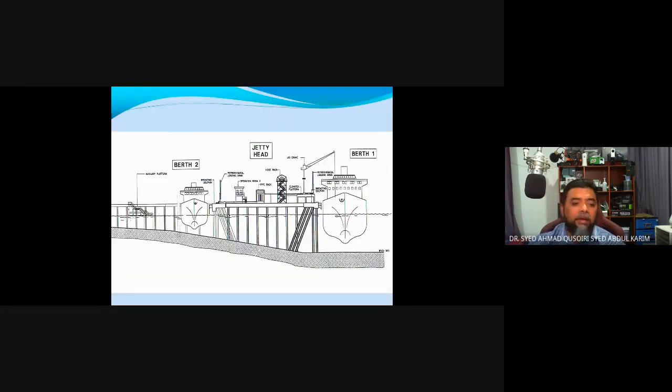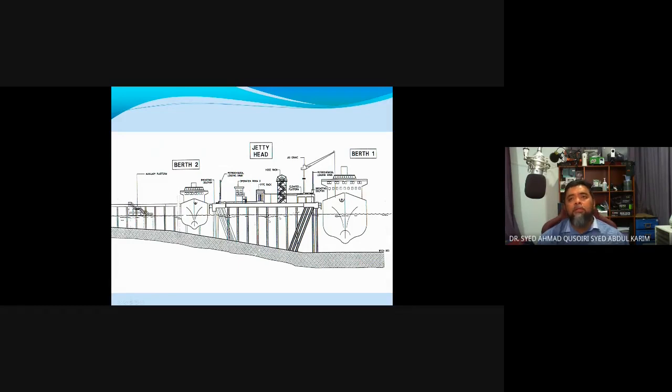So this is a diagram of construction of a jetty and the location of the berth. We have two berths and two ships that are mooring on these berths with different sizes of ships.